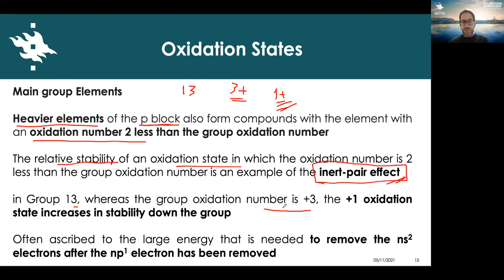And this inert pair effect is often assigned to the large energy that becomes needed to remove the remaining ns2 electrons after the np1 electron has been removed. So this happens for the heavier elements of the p block, and this is the inert pair effect.